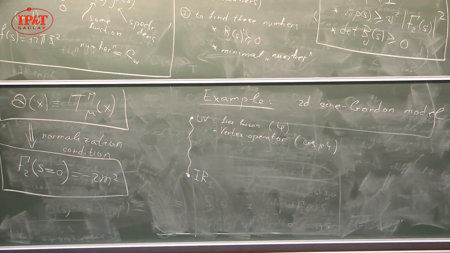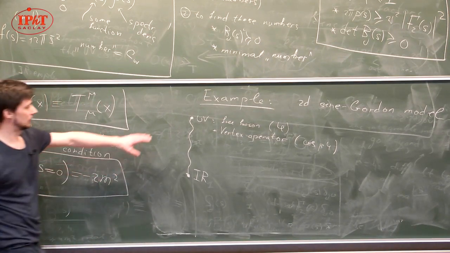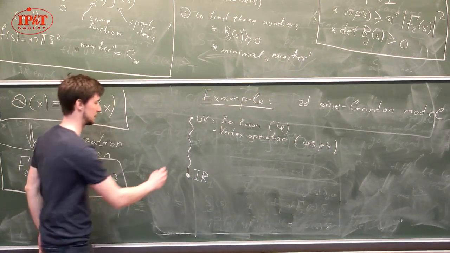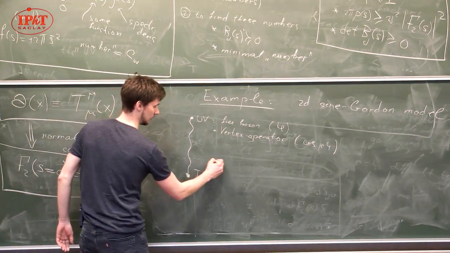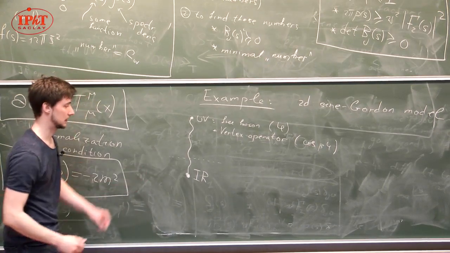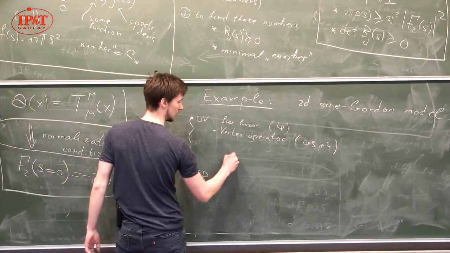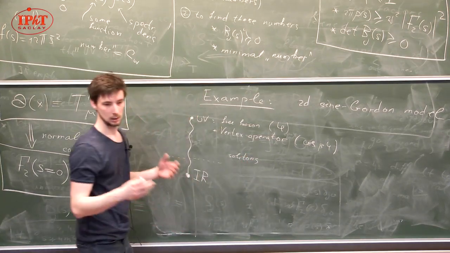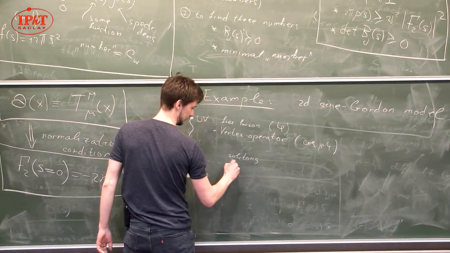Very simple definition. However, when it flows to the IR, it results in a very non-trivial spectrum of asymptotic states. First of all, you have solitons. And then you have breathers.